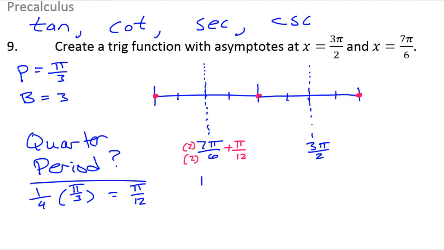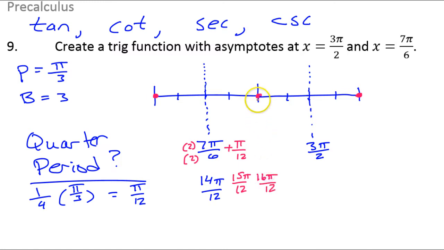Okay, so that would give me 14 pi over 12. And I'm taking 14 pi over 12 and adding 1 pi over 12. So that's just going to give me 15 pi over 12 for this next mark. And then the next mark over, which is the one I want, should be 16 pi over 12.